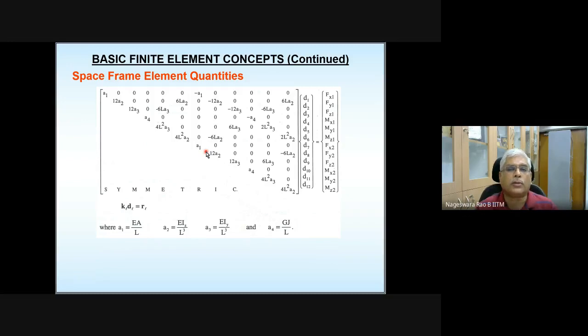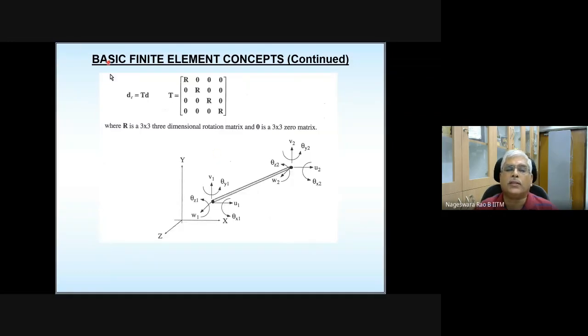And then once you solve for the unknown nodal degrees of freedom, you again make use of this relation and get the local degrees of freedom.